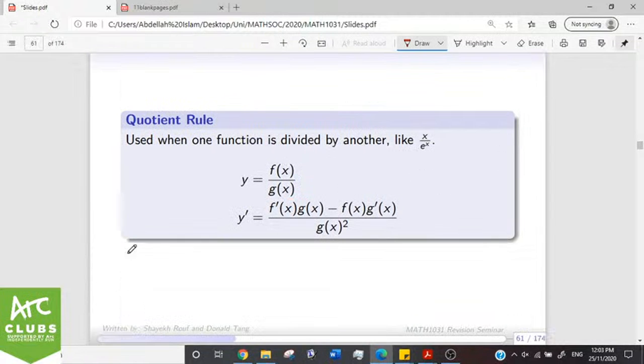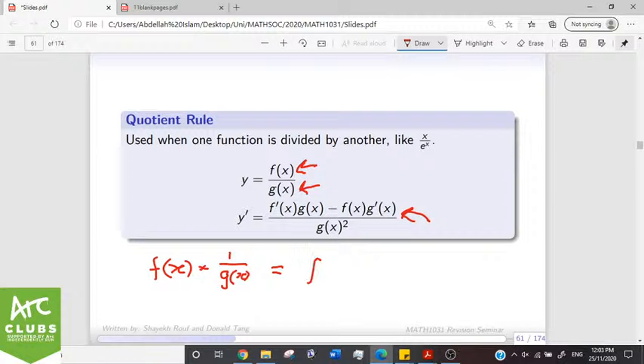Here's another one called the quotient rule. When you have some function divided by another function, you just do this rule. And where does this come from? If you don't want to remember this, you can just remember the product rule, because this is equivalent to f of x times 1 on g of x. Now this is a product, so we can do product rule.